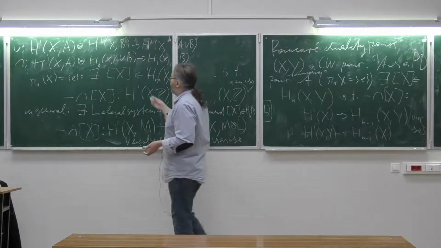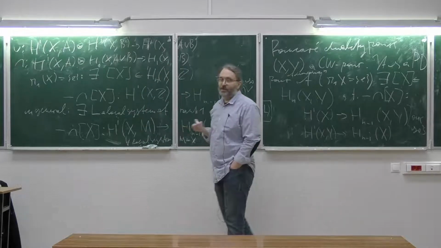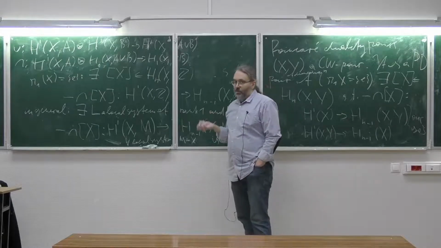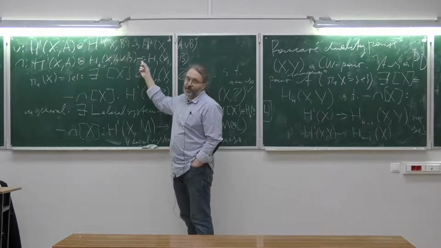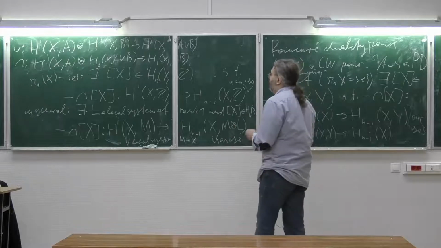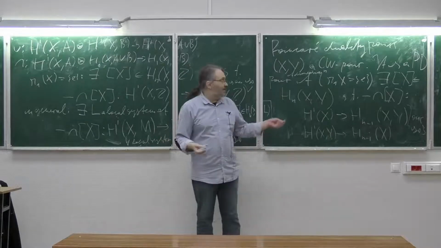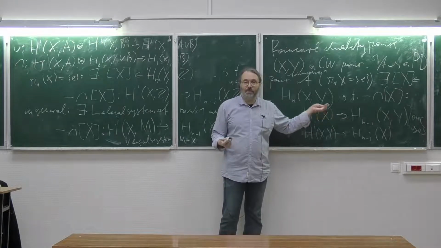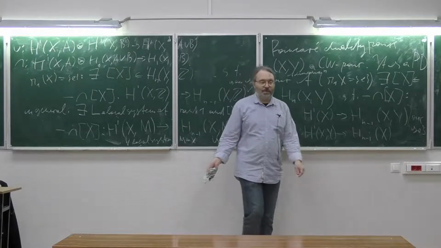And if I take a chain from B, it doesn't matter anyway because here I have relative chains. For more details, you could have a look at what Hatcher says when he talks about the cap product. Okay, now, these are two isomorphisms, and they are different. They're the same when Y is empty, but otherwise they're not the same.